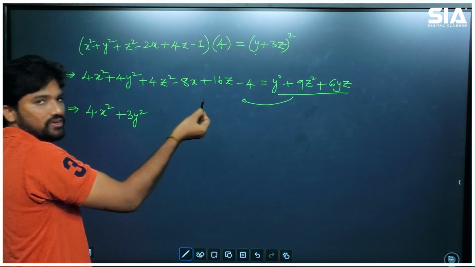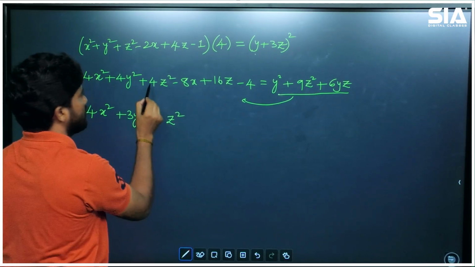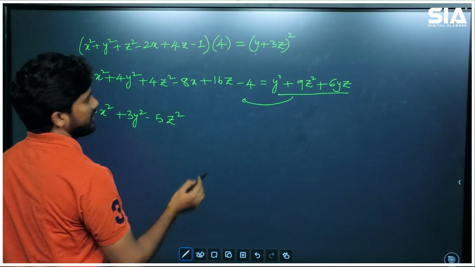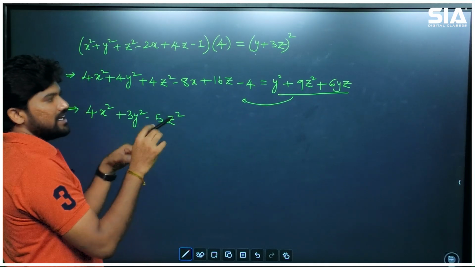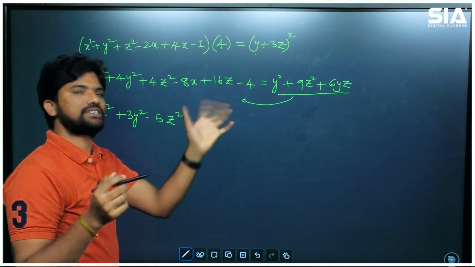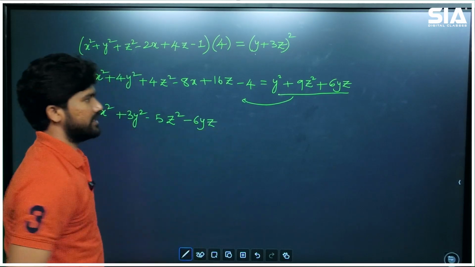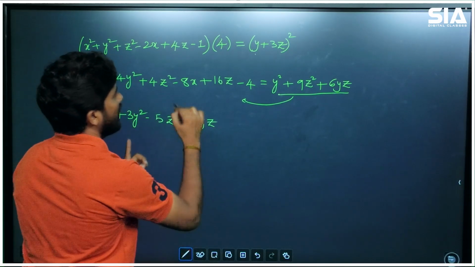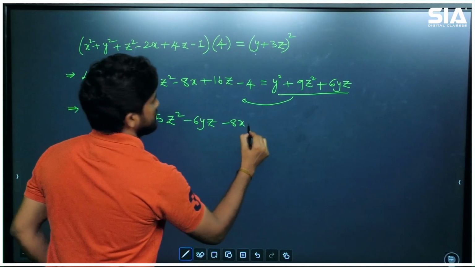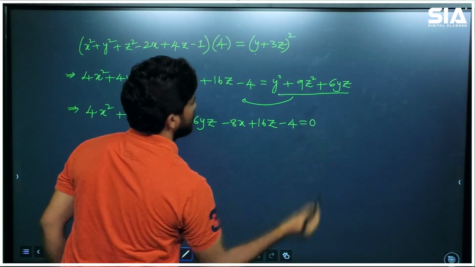If you take 9z square to LHS, 4 minus 9 gives minus 5z square. After square terms, write the product of two variables, that is xy or yz or zx. Here yz is there, minus 6yz, only one term. After yz write the x term, minus 8x. Next plus 16z, the remaining value minus 4 is equal to 0.